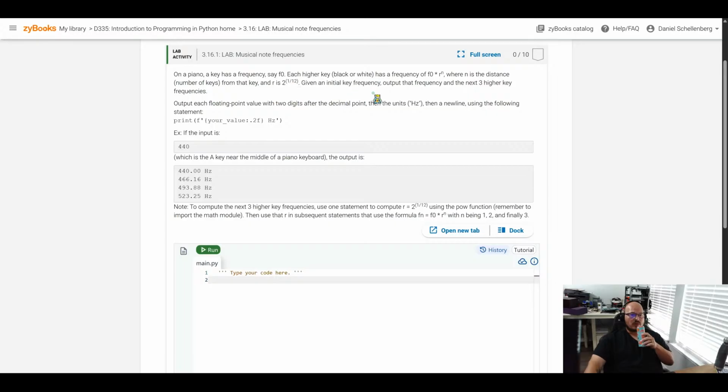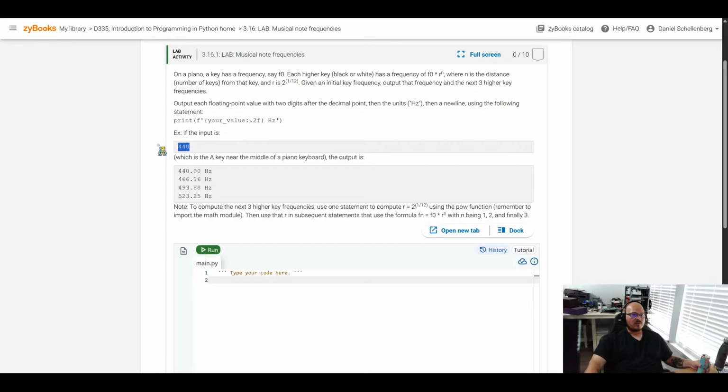Given an initial key frequency, output that frequency and the next 3 higher key frequencies. Output each floating point value with 2 digits after the decimal point, then the units, hertz, then a new line using the following statement. Right, so your value with 2 decimals, and then hertz.